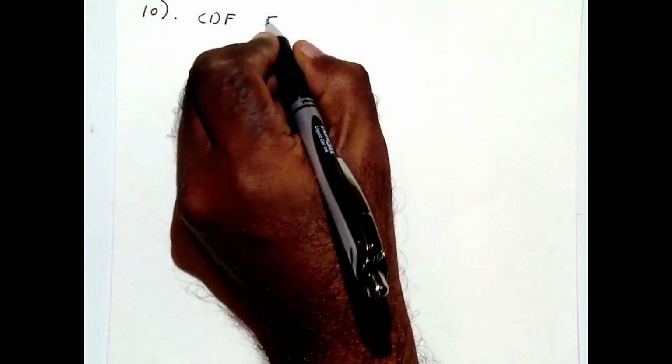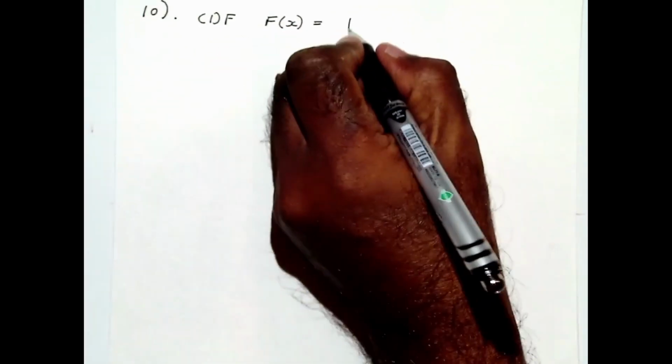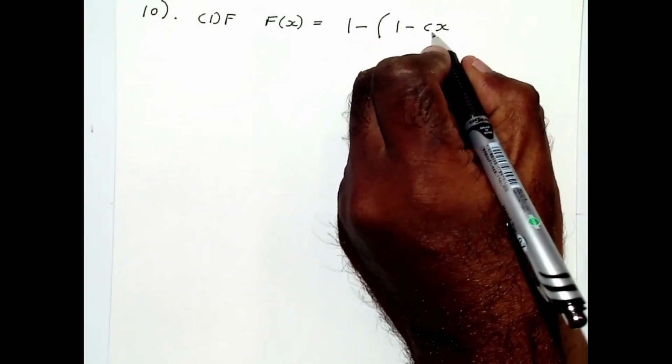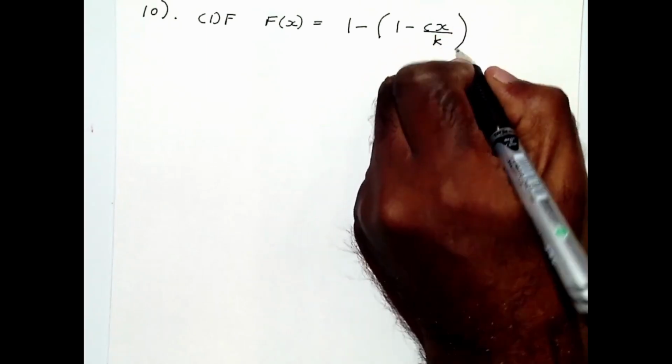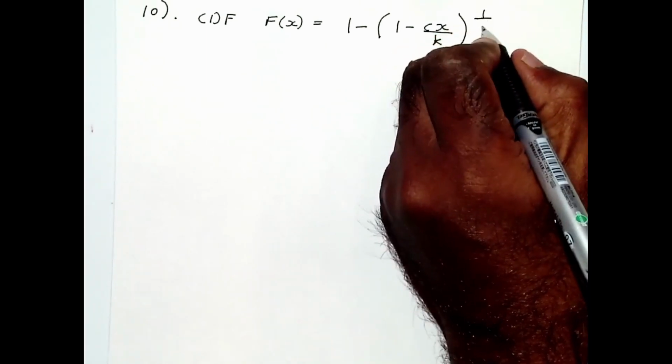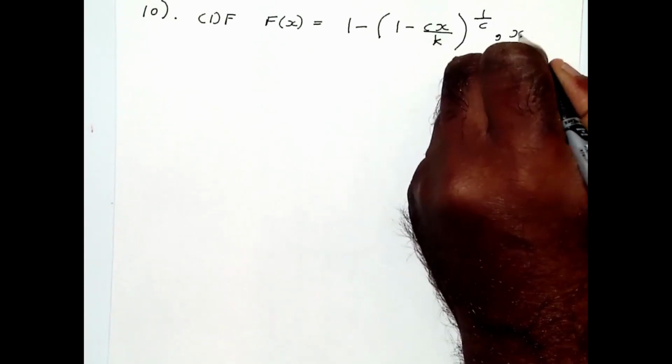Next, part 10. Okay, here you are given the CDF F of x equal to the following: 1 minus c x divided by k, to the power 1 divided by c, where x is positive.